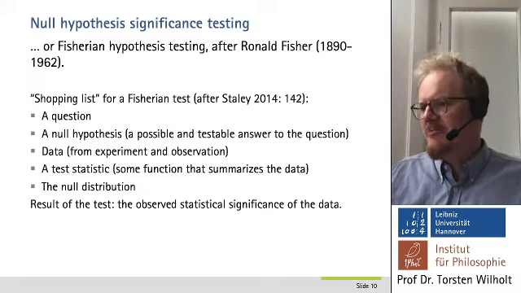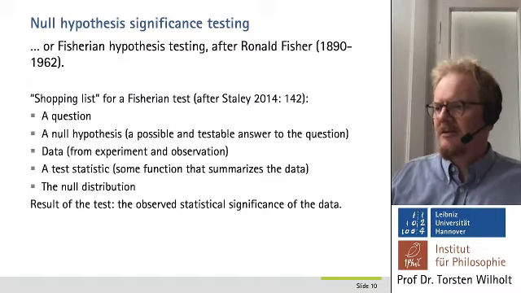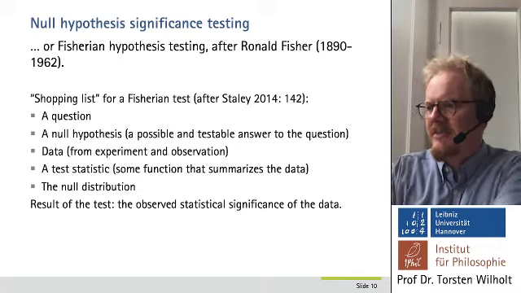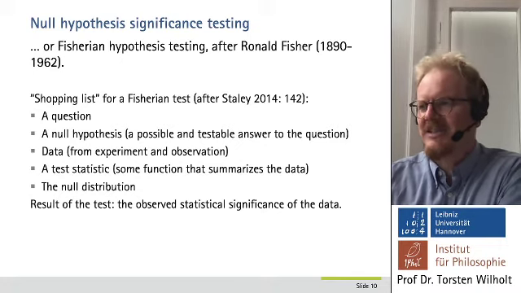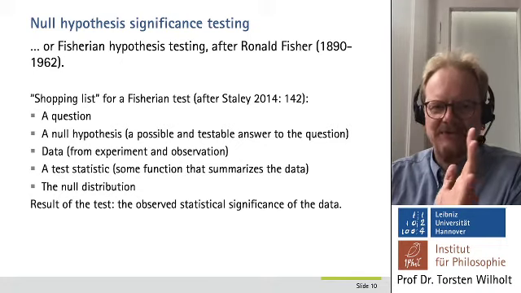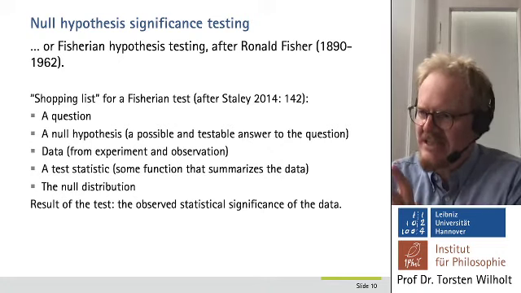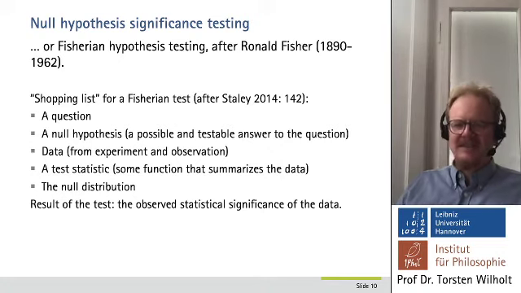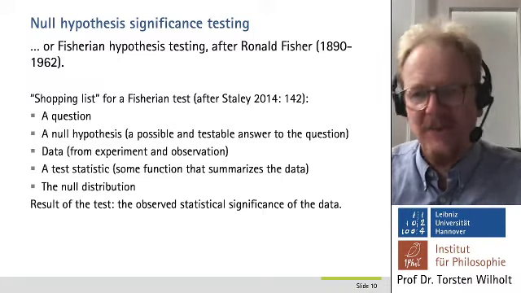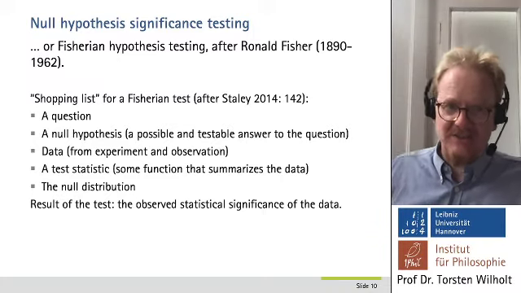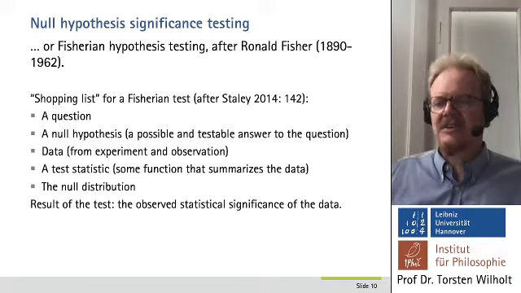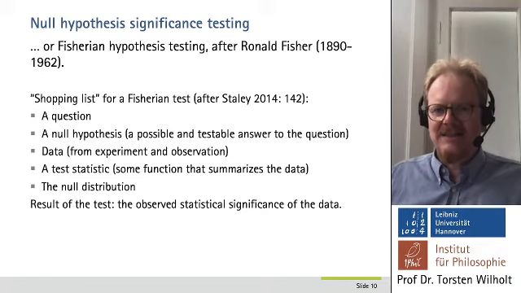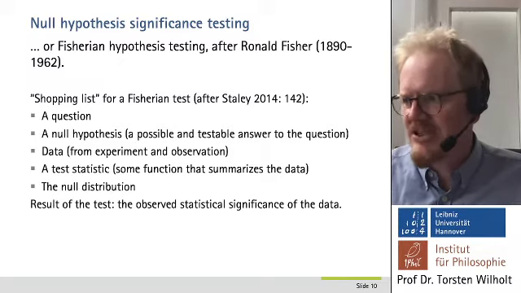So to be a little bit more formal, just a little bit more formal, I'm going with Ken Staley now and what he calls the shopping list for a Fisherian test. What do you need for a proper Fisherian hypothesis test? You need a certain question that you're interested in, and then you articulate a null hypothesis that is a possible and testable answer to the question.